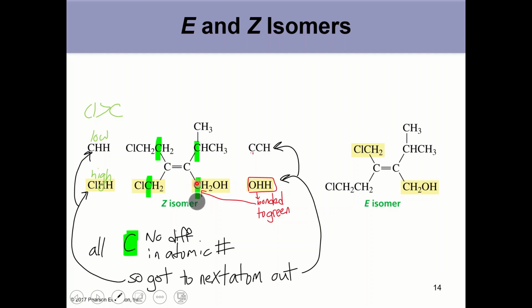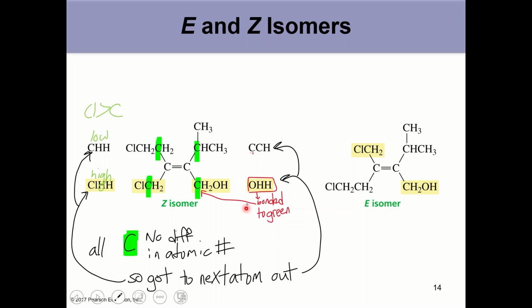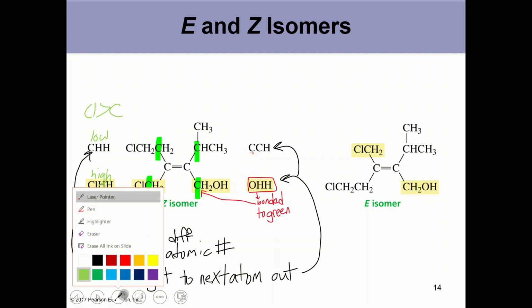On the bottom, the atoms bonded to the carbon are oxygen, hydrogen, hydrogen. The atomic number of oxygen is greater than the atomic number of carbon. We compare 1 to 1. We do not add atomic numbers of all of the atoms. No, we take the highest atomic number bonded to this carbon and compare it to the highest atomic number bonded to the other carbon. So because oxygen has a higher atomic number than carbon, the bottom carbon is the high priority carbon.